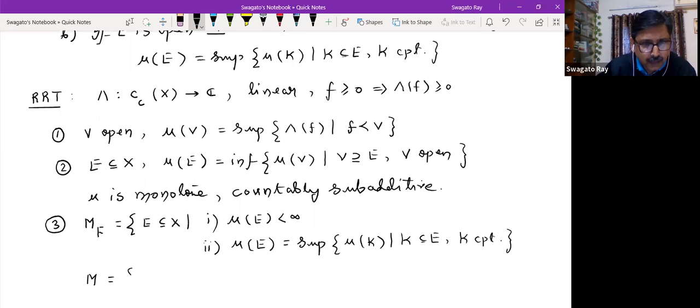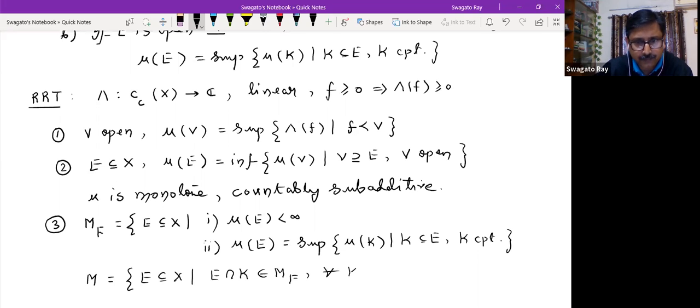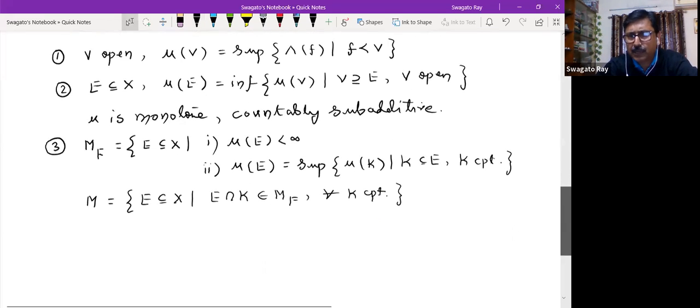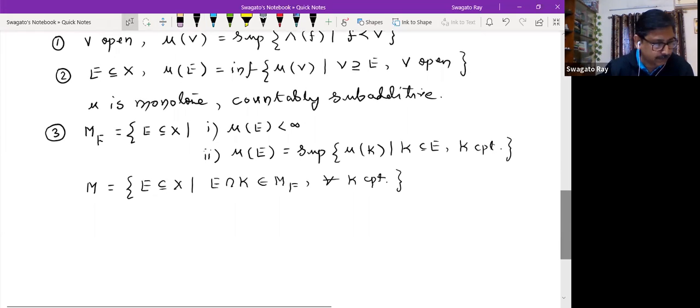This M simply turns out to be all sets E in X such that E intersection K belongs to MF, and this should happen for all compact K. This is how they define M, so we are approaching it abstractly, exactly the way Rudin does it.